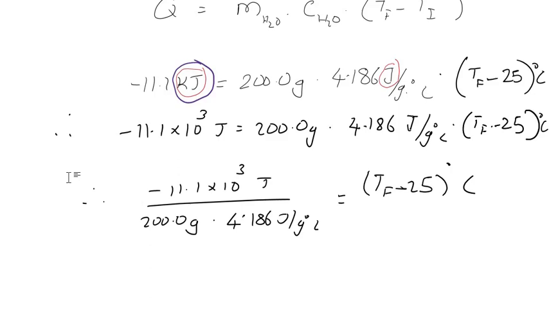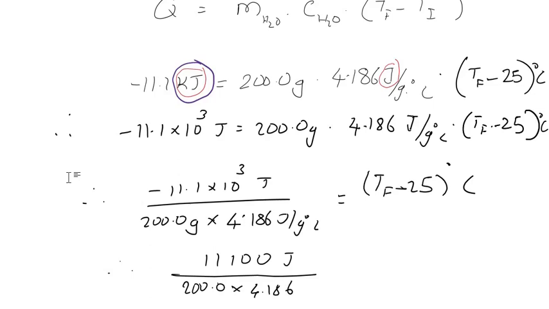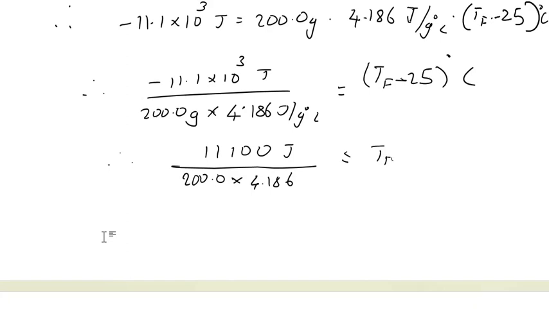If we solve this, we have 11.1 into 10 raised to 3, which is 11,100 joules over 200 into 4.186. First let me multiply 200 into 4.186.